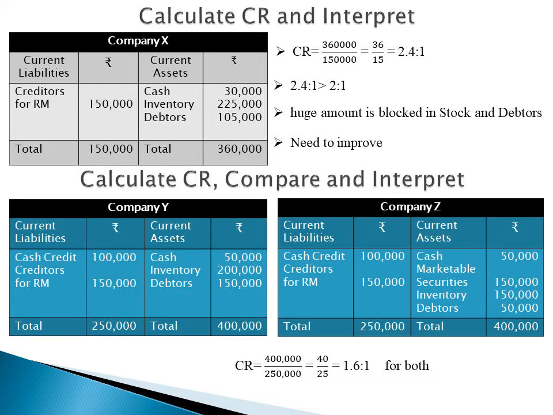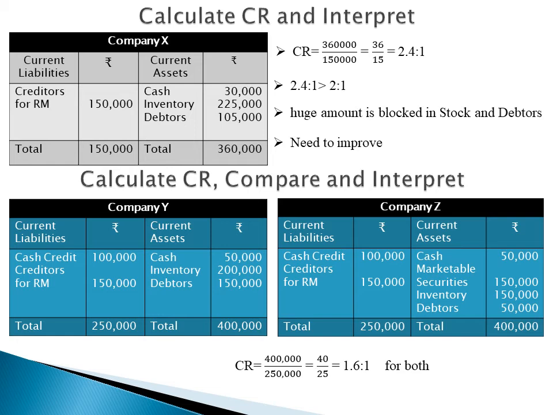So it shows that out of total current assets of rupees 4 lakh, huge amount, that is rupees 3,50,000 is invested in inventory and debtors which are not easily convertible into cash. Whereas in company Z, if we look at composition, cash is 50,000, marketable securities are 1,50,000, inventory is 1,50,000 and debtors are 50,000.